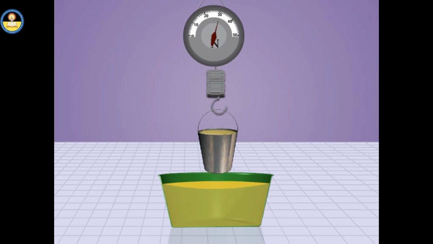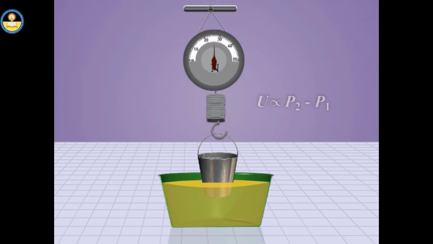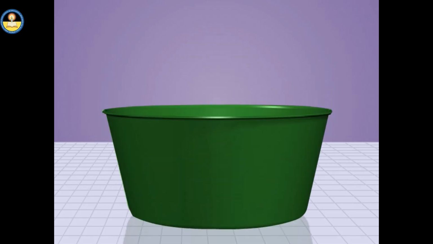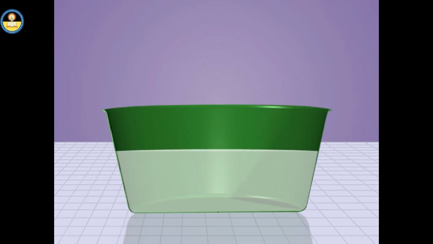However, the buoyant force is due to the gravity acting on the fluid. It has its origin in the pressure difference occurring between the top and bottom of the immersed object. Let us take a cubical block.